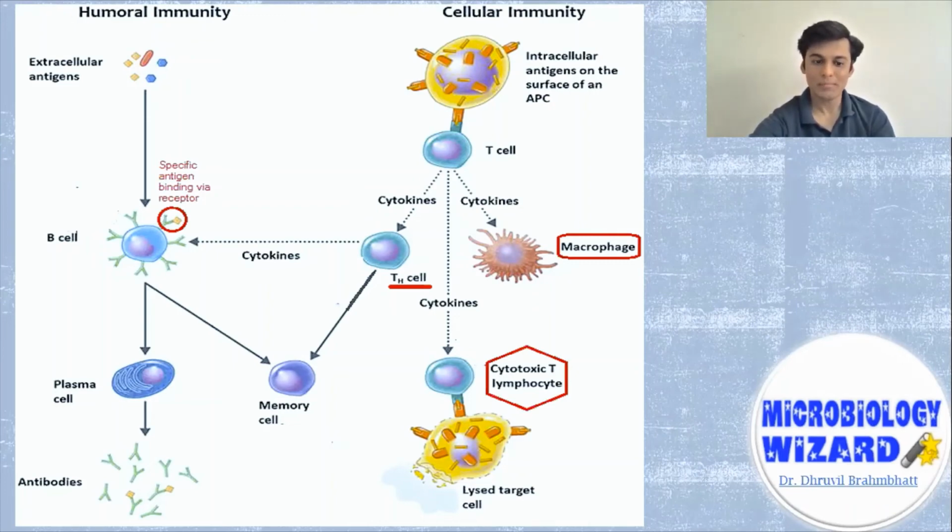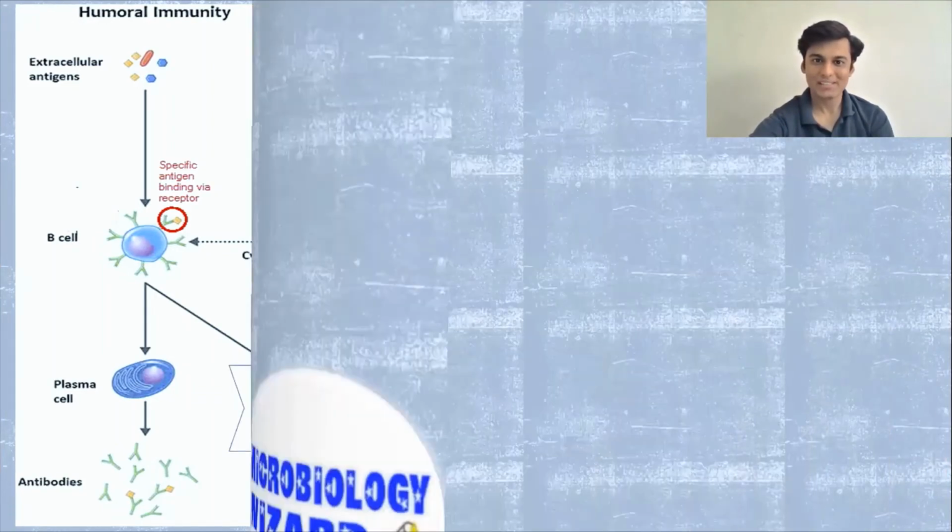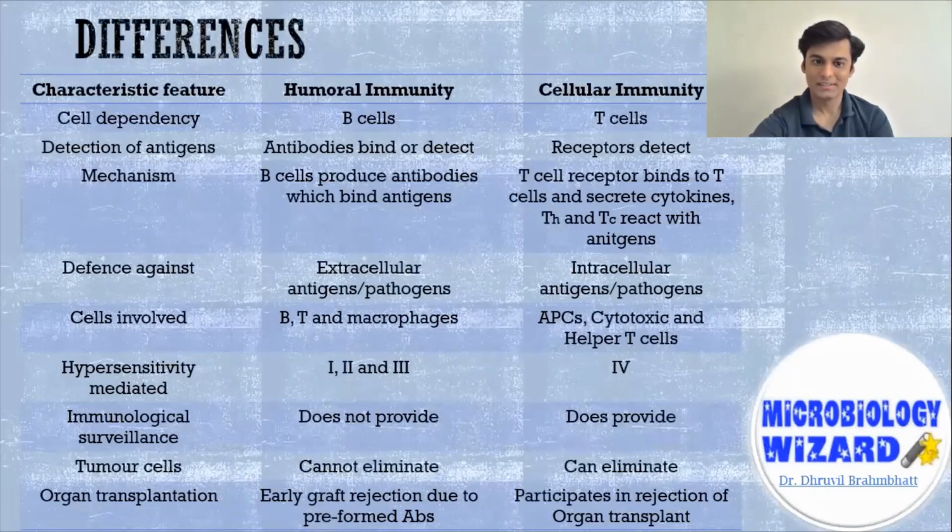It is also important to remember that some T and B cells differentiate into memory cells that respond immediately to any secondary encounter with an antigen. Now let's summarize this topic with the help of this table.